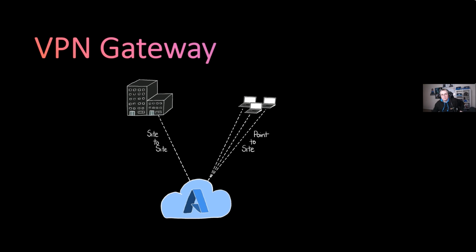So it doesn't have to be a 1-to-1 ratio. So you can have one VPN gateway that is running 2 or 3 site-to-site VPNs and point-to-site VPNs at the same time. It's just because of the way the networking works, you can only have one gateway sat in Azure. You can have multiple gateways in different VNets, as long as they're not talking to each other. You're not going to run into too many issues.